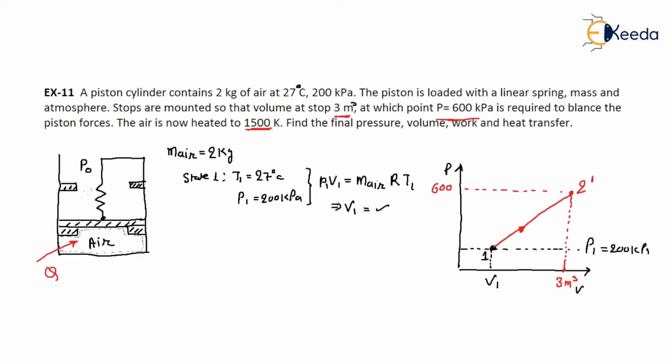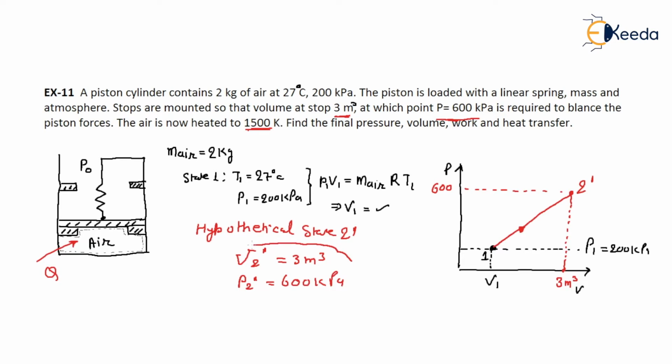For that we are drawing a linear relation. Why? Because no spring constant is given. So this is your hypothetical point, state 2 dash: V2 dash is 3 meter cube and P2 dash is 600 kilopascal.